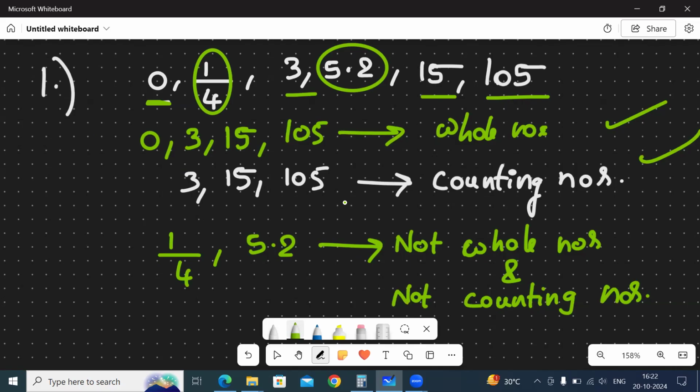Now I would like to give you two more examples which you have to solve.